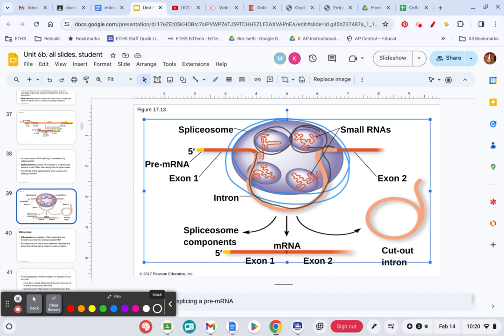And when they bring that loop together, they're going to cut the sides of it, and they're going to take out that intron so that I end up with 2 exons and nothing in between. I just end up with a piece that's going to be translated by the ribosome. That's called RNA splicing.